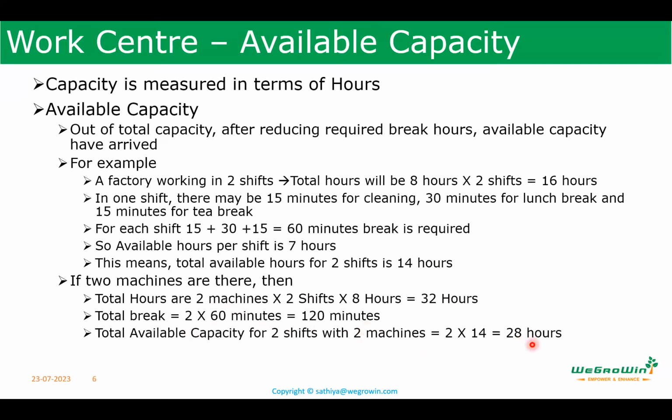Remove these, and we get 28 hours. So we cannot take all 24 hours, or for 2 shifts 16 hours, as available capacity. We need to remove the time that is really required for breaks, and take only the balance to see what the available capacity is. Is it clear?